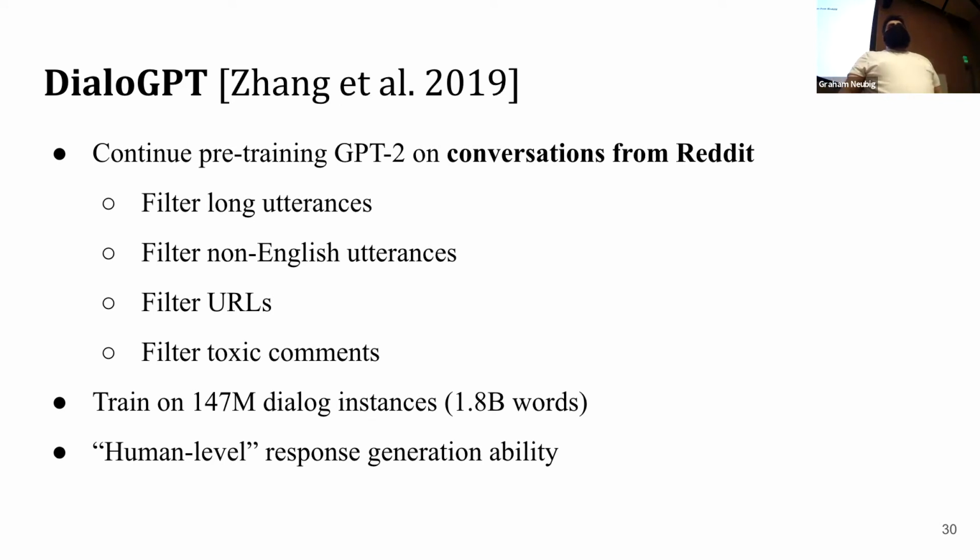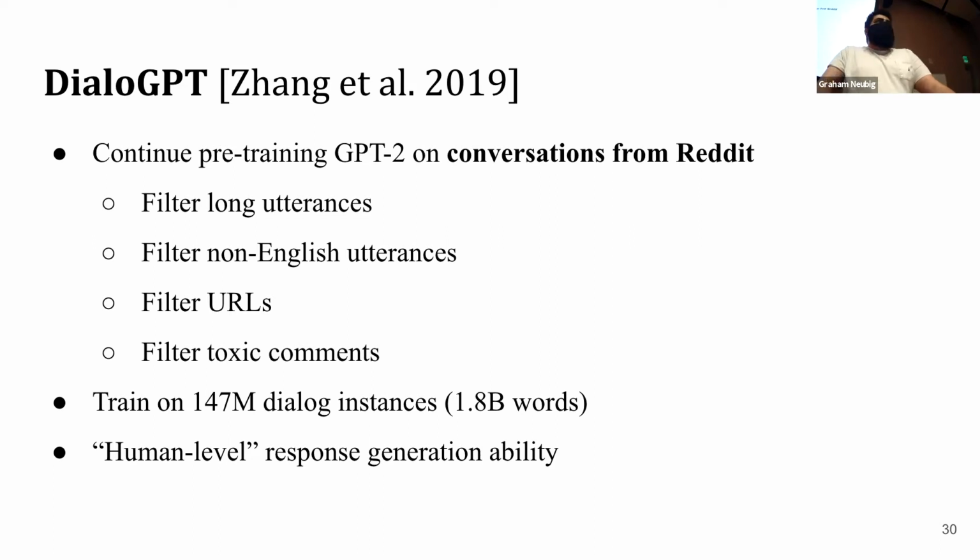And what our analysis concluded was that if you only look at the responses generated by systems, people will actually prefer responses generated by systems rather than responses generated by humans. But if you look at the entire dialogue and whether they were coherent, whether they were consistent, whether there was any depth to the interaction, or whether it was just shallow responses, humans are preferred a lot more than dialogue systems.